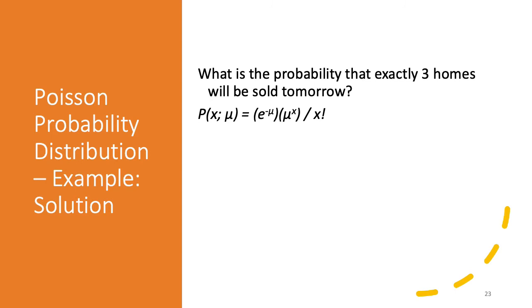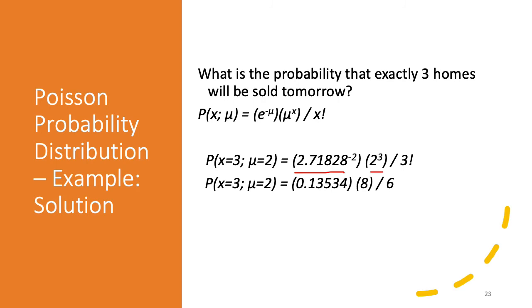Let's plug the values into our equation. We have 2.71828 to the negative 2 times 2 cubed divided by 3 factorial, which turns out to be 0.18. So the probability that exactly 3 homes will sell tomorrow is going to be 18%.